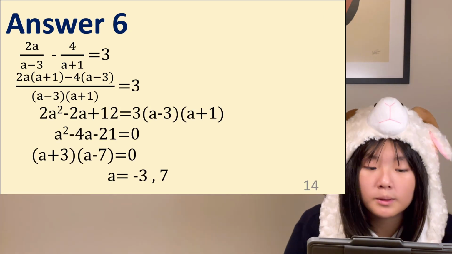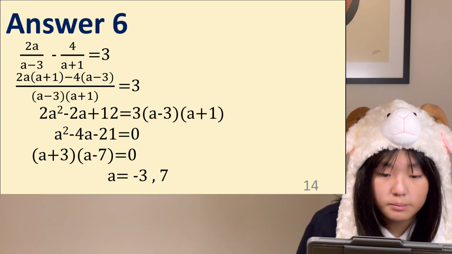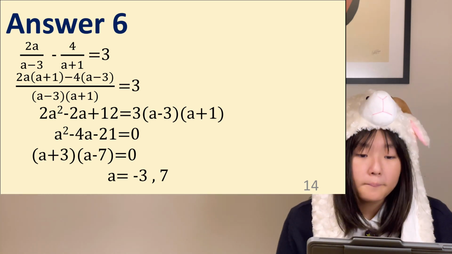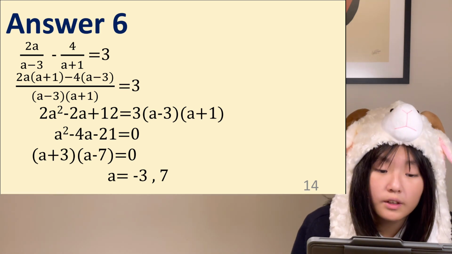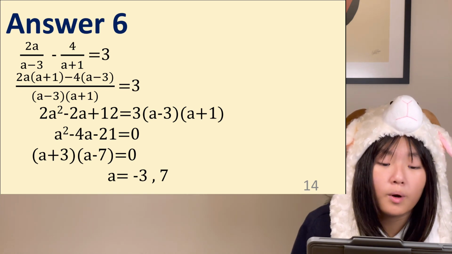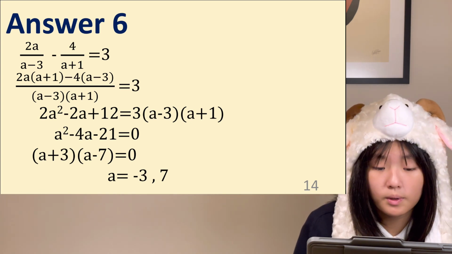Since the lowest common multiple of the denominators is them multiplied by each other, you have to multiply both of the fractions by the other's denominator. So the fraction on the left-hand side becomes 2a multiplied by a plus 1 over brackets a minus 3 brackets a plus 1.